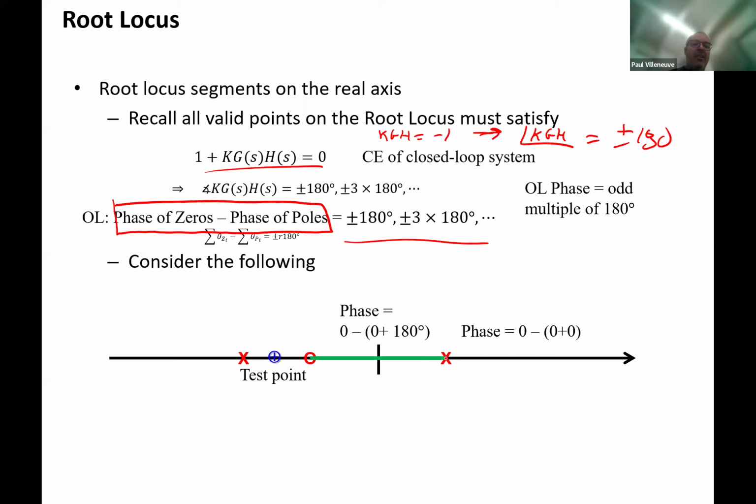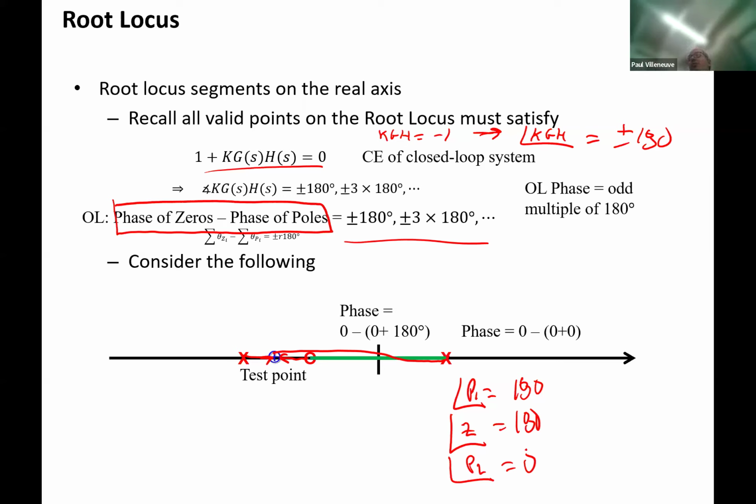So what is the angle over here? 180? How about over here? So the angle of our 0 is 180. How about over here? Zero, right? All right, so now we're going to check to see if it's a valid point.